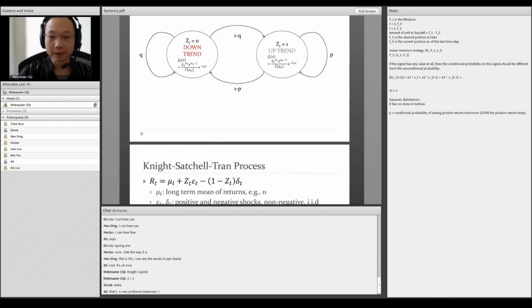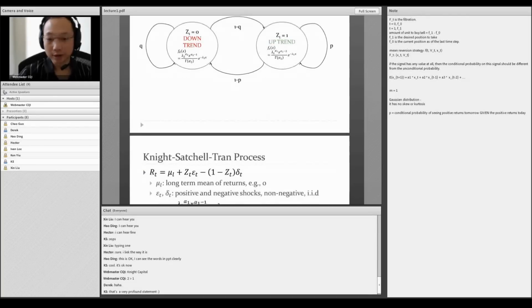Say you have a long-term mean of returns. Now, if Z_t equals 1, this term goes to 0, right? Because 1 minus 1 is 0. So if Z_t equals 1, this term goes to 0 and you have only this term left. So R_t equals the positive returns in this case.